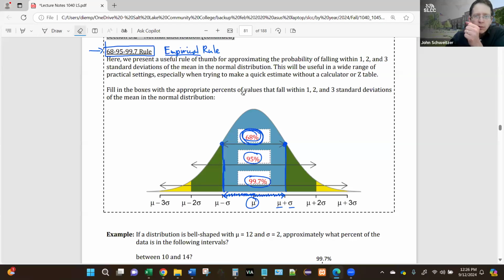Then they noticed another pattern. If you go two standard deviations out, starting at mu, one standard deviation, two standard deviations, that gets us to mu plus 2 sigma. And then if I start at mu in the middle and go one, two standard deviations to the left, we pick up the vast majority of the middle of the data set.